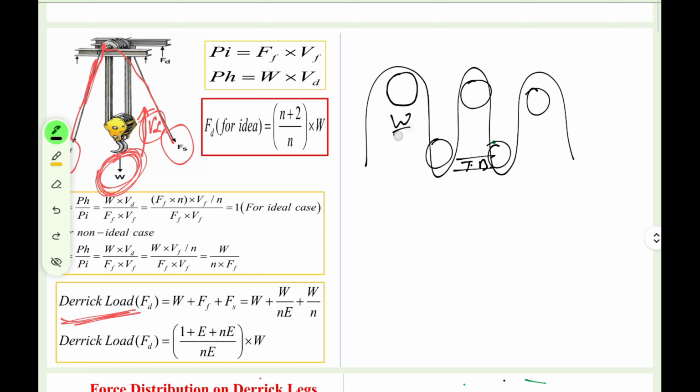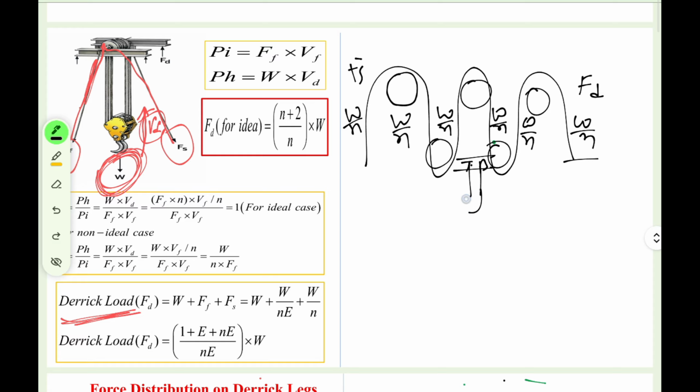Now can I say W by N, W by N, W by N, W by N, W by N, right? This is FD, the dead line, and this is FS, the fast line. This is also W by N, right?